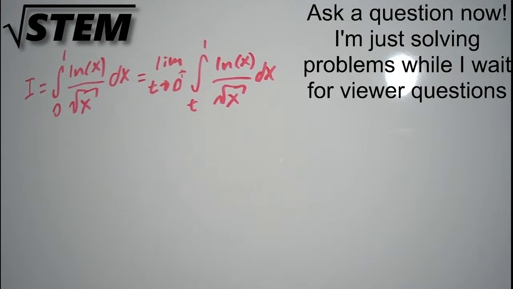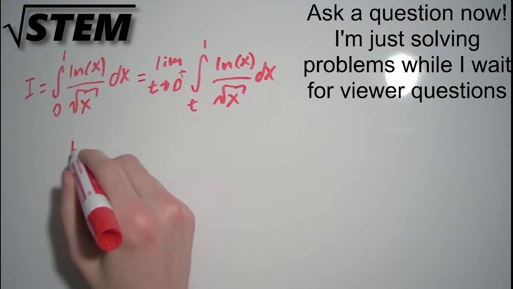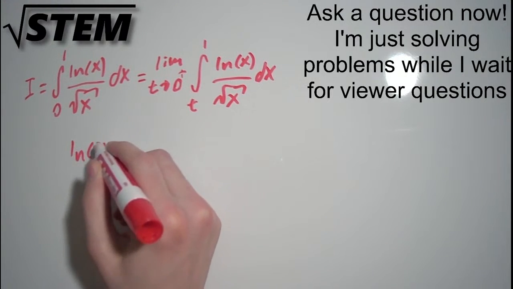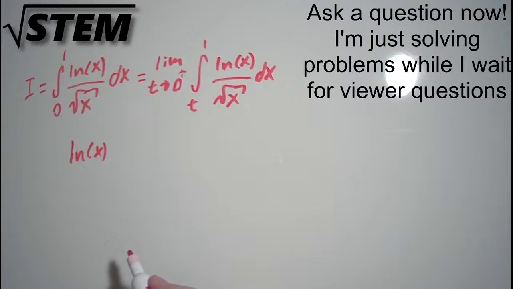Maybe there's some specific substitution or multiplication we can make to rewrite this integrand. What if we multiplied the top and bottom by the square root of x? Would that help us?